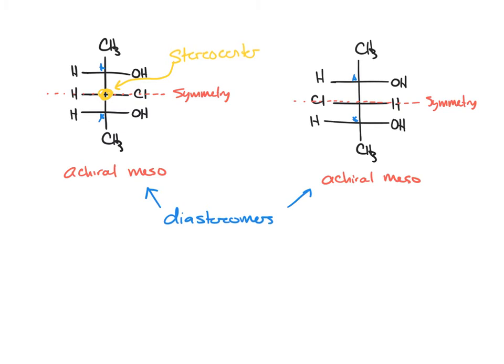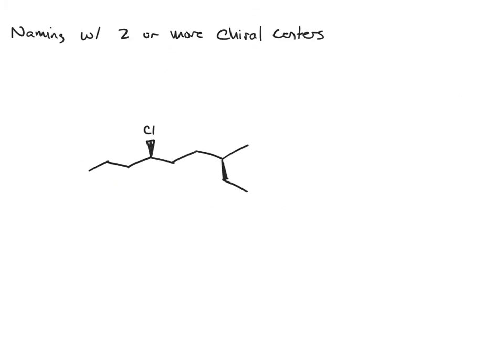Name compounds with multiple chiral centers, like assigning R and S. Yeah, we can do that. So let's say we want to name this compound. There are different orders you can go about doing things.